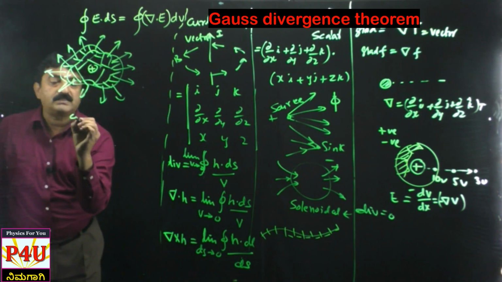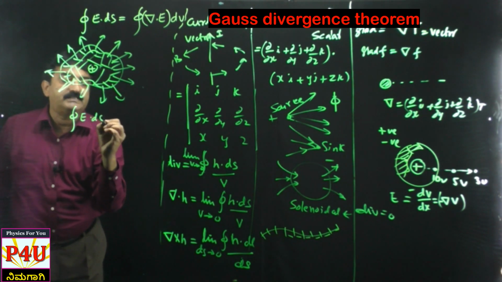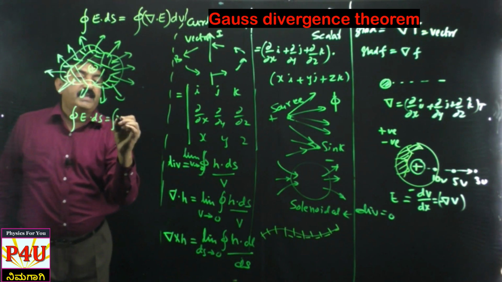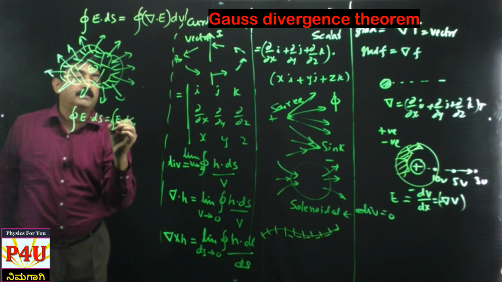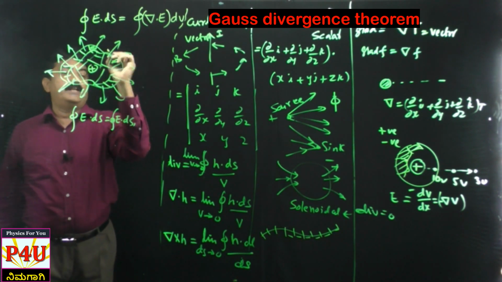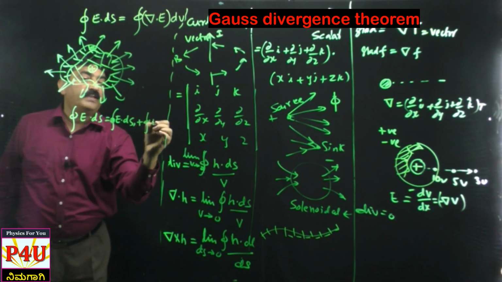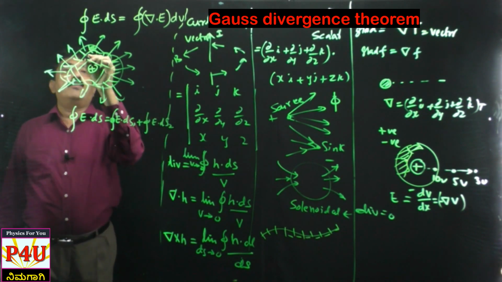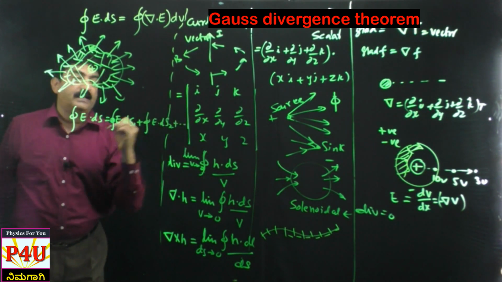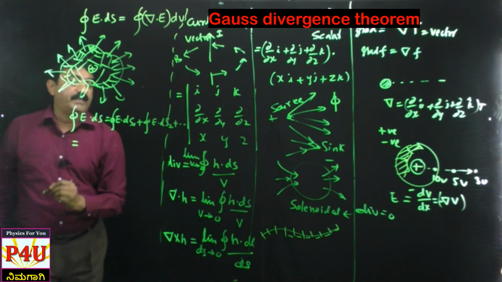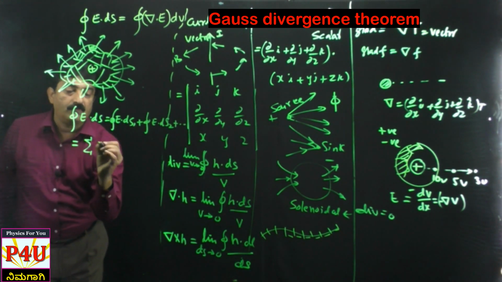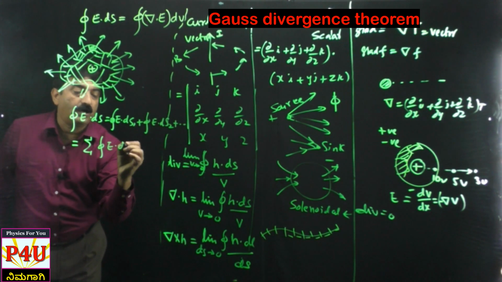Then the total flux, integral of E dot ds, is equal to integral of E dot ds1 over one small portion, plus integral of E dot ds2 over another portion, plus so on. That means this is equal to sigma of integral of E dot ds.